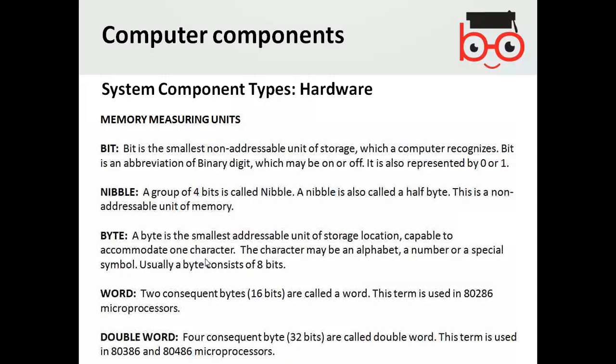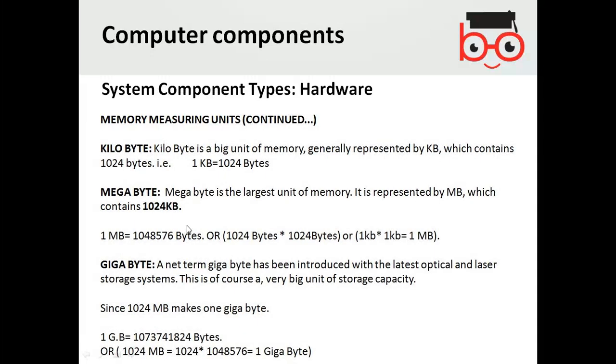Then a word is 16 bits. A double word is 4 bytes. Let us come to the very interesting fact about the kilobyte. You must have seen, okay, this one is 1 MB, this one is 2 MB, this one is 1 gigabyte, one is 256 gigabytes. Probably you might have a question that this one is an 8 GB card, this one is a 16 GB card.